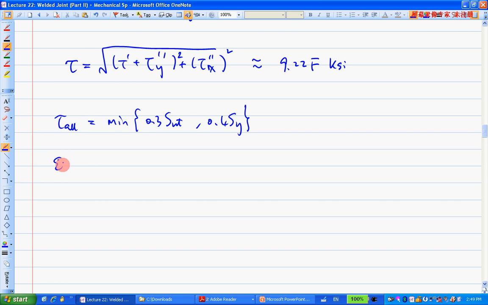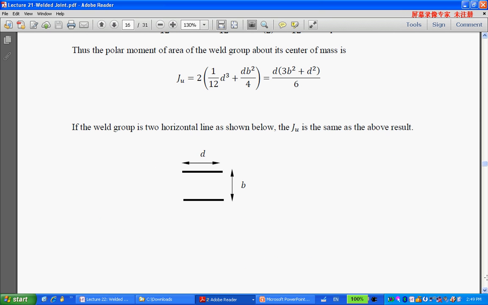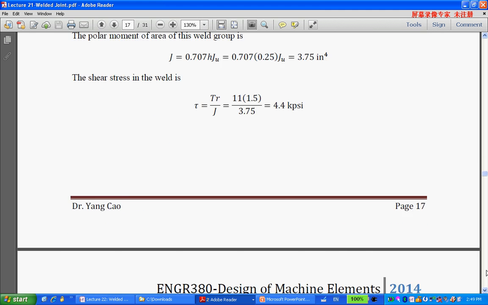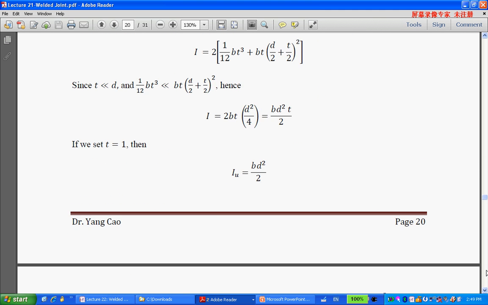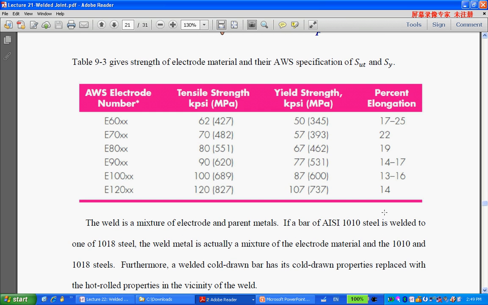So for the electrode, which is E7010, if you look at the table, what's the SUT? As I said, the 70 basically tells you SUT is 70, but you need SY, and that's 57 here.